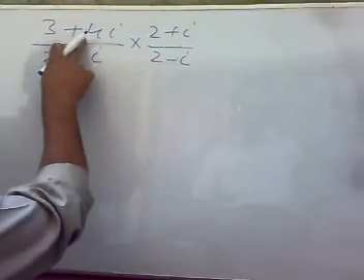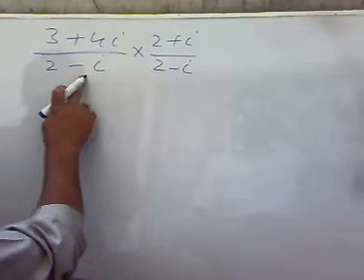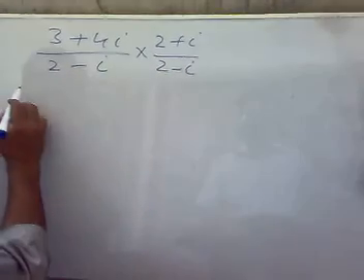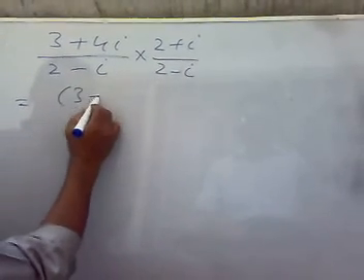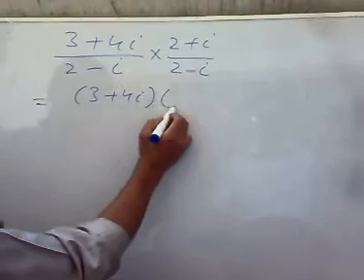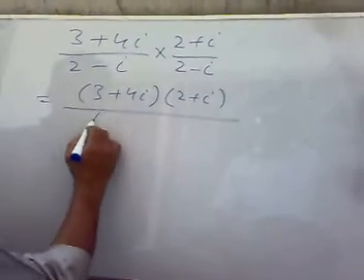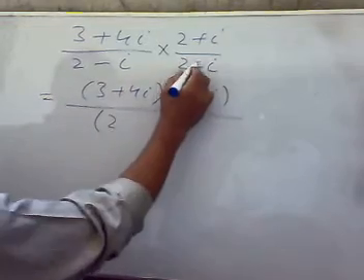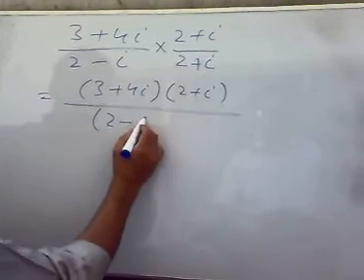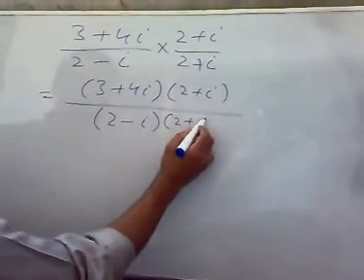So again the numerator will be multiplied with the numerator and the denominator with the denominator. So we will have 3 plus 4 iota into 2 plus iota, and in the denominator we will have 2 minus iota into 2 plus iota.